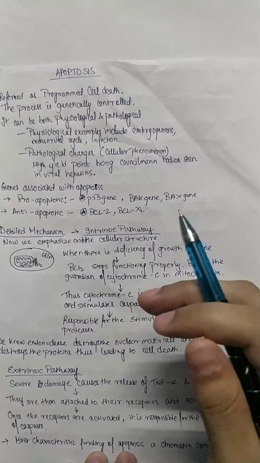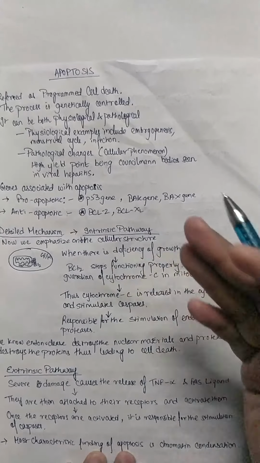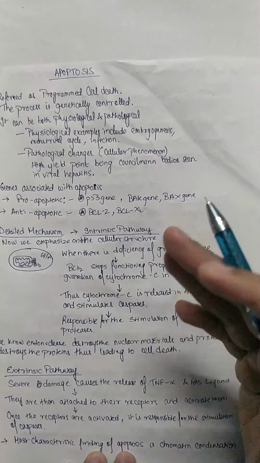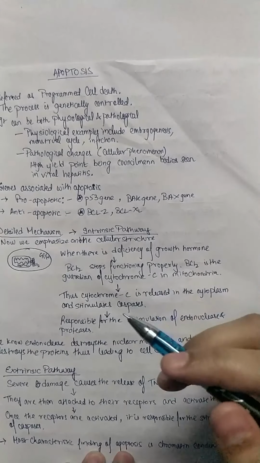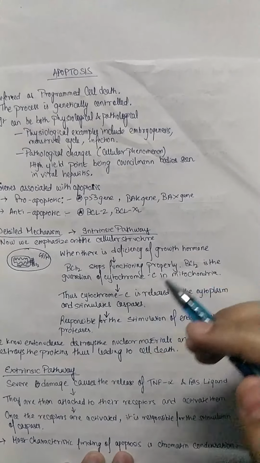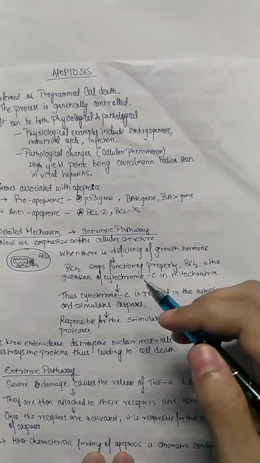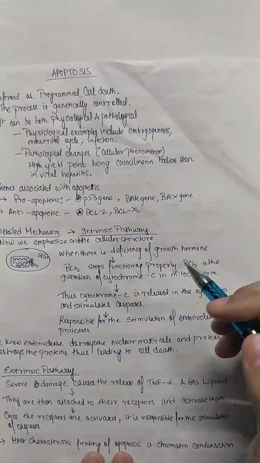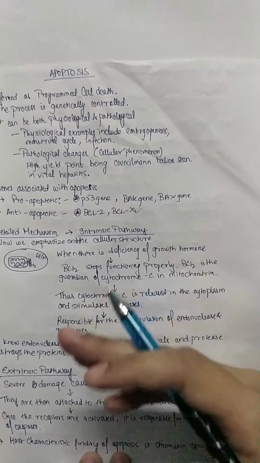There is the Bcl2 gene, which is an anti-apoptotic gene which prevents the cytochrome C from going out of the mitochondria. So when there is a deficiency of growth factor or growth hormone, the Bcl2 stops functioning properly. If the Bcl2 stops functioning properly, it is obvious that the cytochrome C will leak out into the cytoplasm.